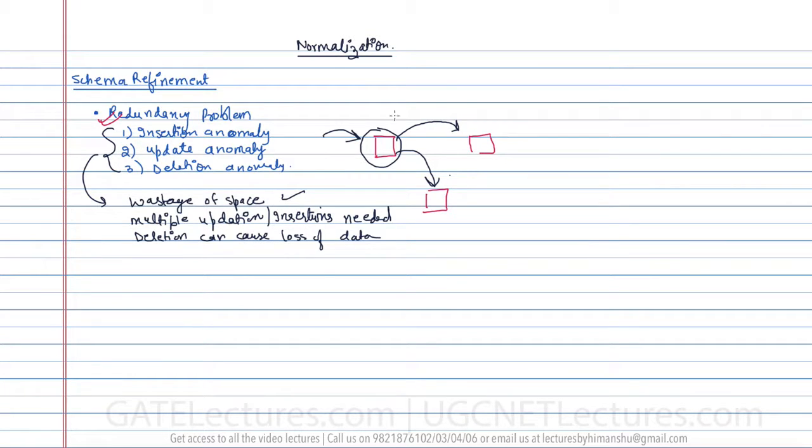Now, for example, if there's a huge system which is related to this, and sometimes what happens is you perform some updation here, but due to some reason that updation could not be performed on this data item. Because of that, if that updation is performed here and not performed here, the complete system will come into an inconsistent state.